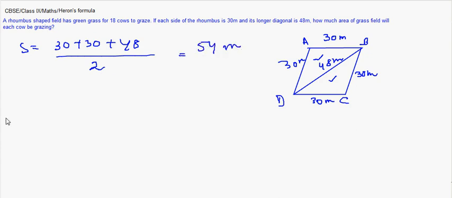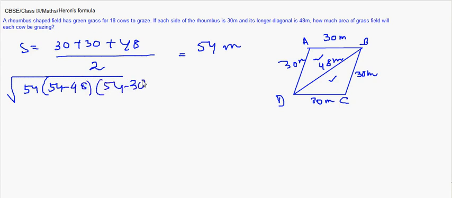Now area of the triangle ABD can be calculated as root over 54 into 54 minus 48, 54 minus 30, and then 54 minus 30 as well. Let us now calculate.